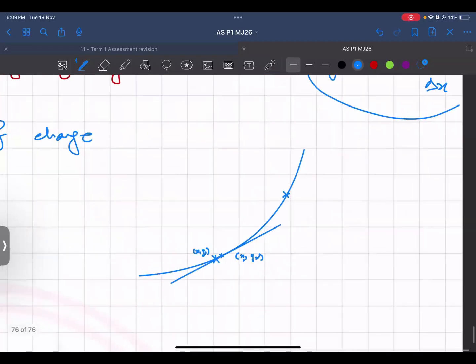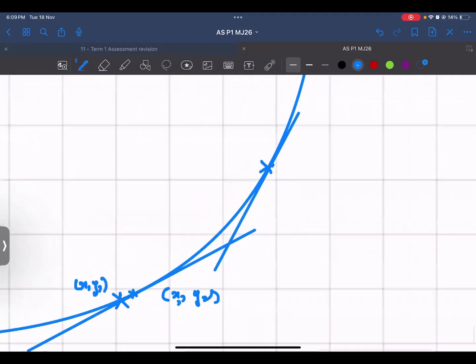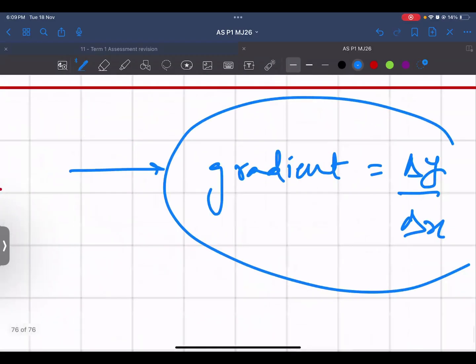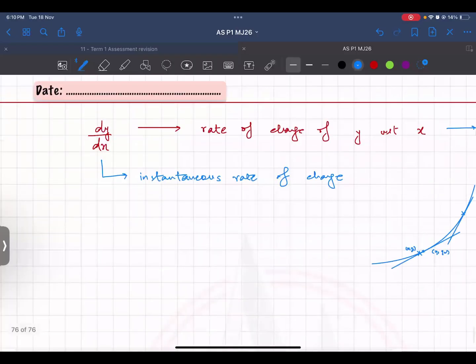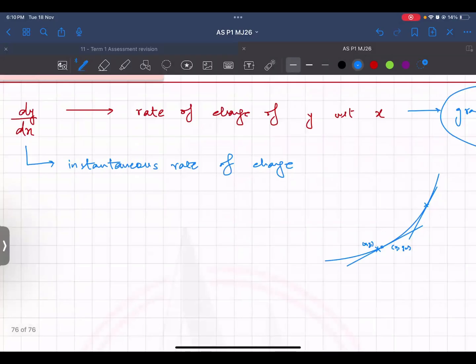So what does it do? It exactly finds the gradient of the tangent on the curve at that x value, like this. So you don't need 2 points. You need 2 points for the formula y2 minus y1 upon x2 minus x1. But if you have dy by dx, you just need the dy by dx and the point at which you want the gradient. So it gives you the instantaneous rate of change, the instantaneous gradient at a point.